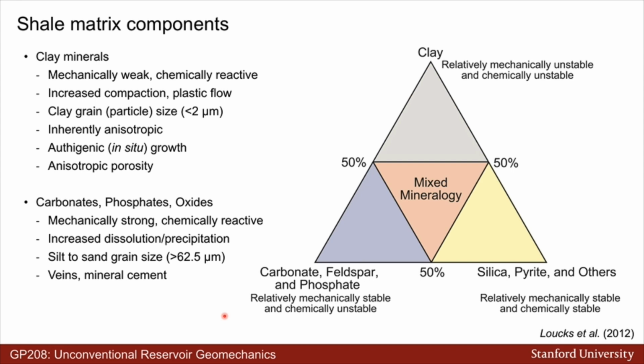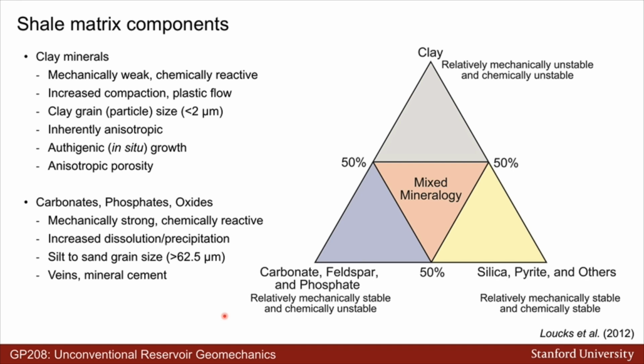But one really important thing about clay minerals that is going to impart part of the properties of these shale reservoir rocks is they're inherently anisotropic. And what I mean by that is that their crystal structure actually causes variations in mechanical properties in different directions. And again, we'll look a little bit closer at clay's crystal structures in order to drive that point home.